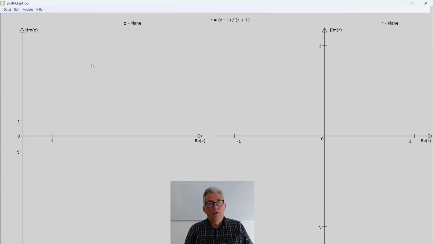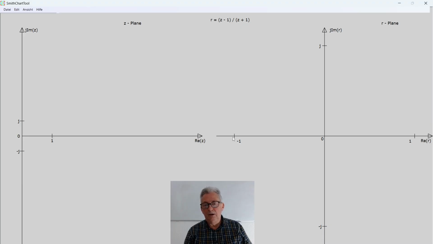And all impedances in this impedance plane are now mapped onto the gamma plane. Here we have the gamma plane, which is the plane of the complex reflection coefficient. Also here we have the real part and the imaginary part, and we have certain values.